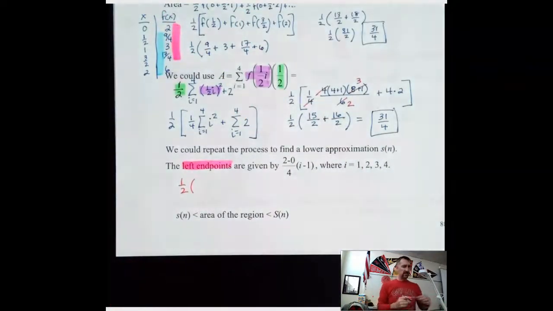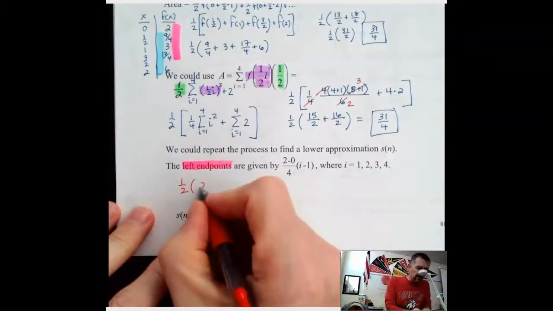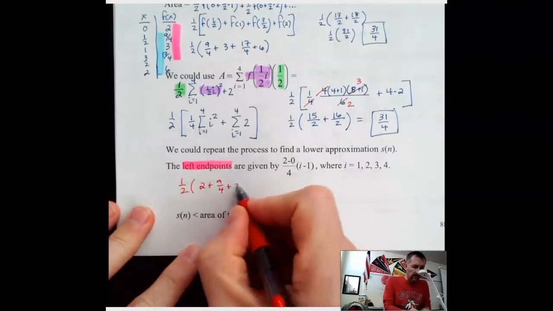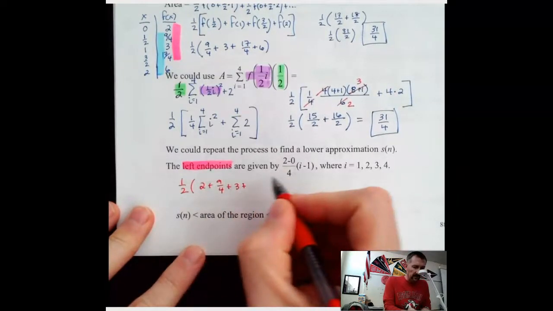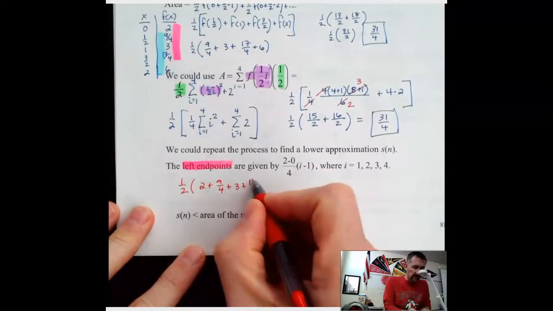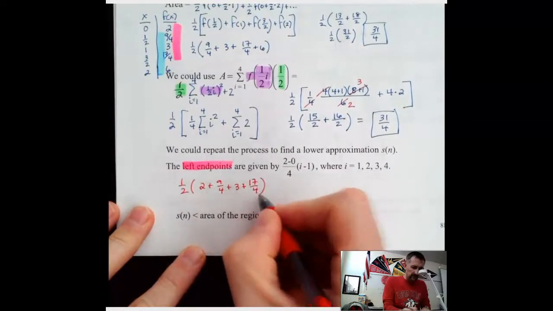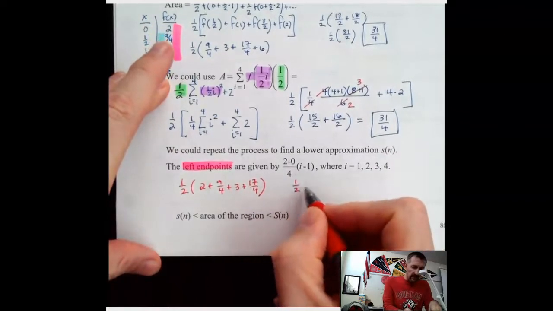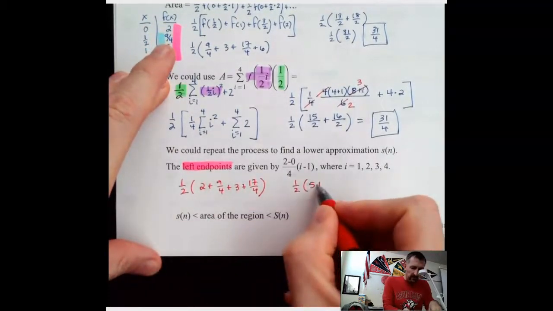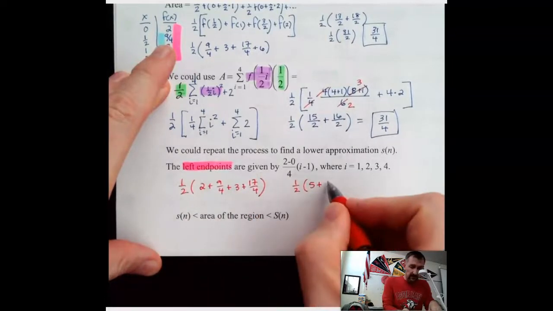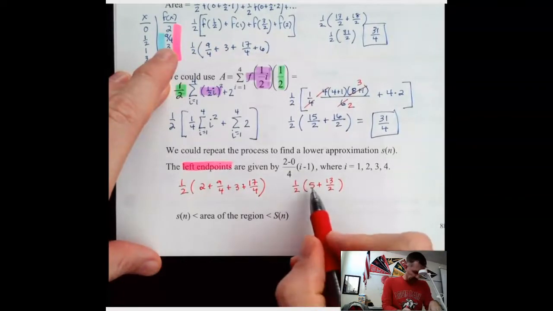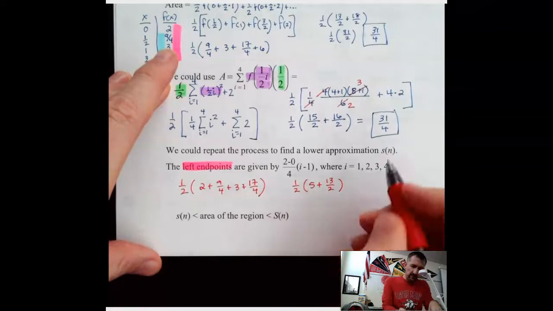we would be on that side. So we would have 2 and 9/4 and 3 and 17/4. Okay, so that would be 5 plus 26, so 13 over 2 again. So this would be 10 over 2.